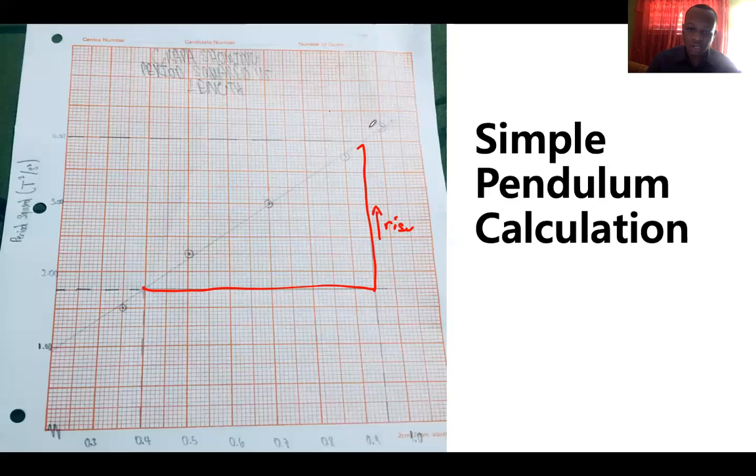So this line here is our rise, and this line here is our run, right? You probably would have seen this in mathematics, or if you watch any videos on YouTube. So you want to find how much the graph has risen by. You want to find out the value of this here, and you want to find out how much the graph has run by, right?